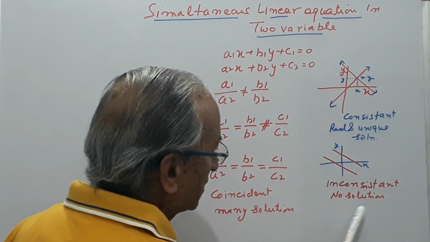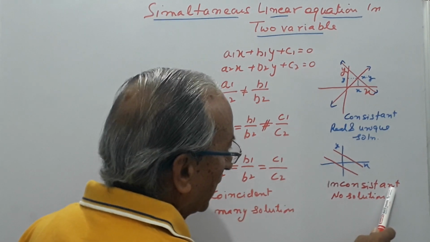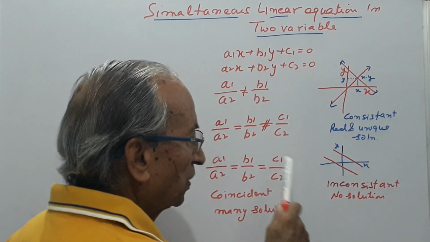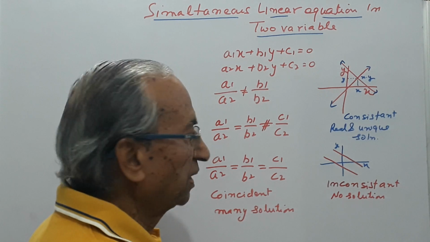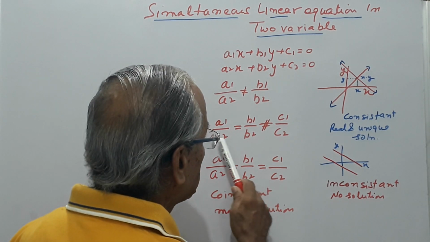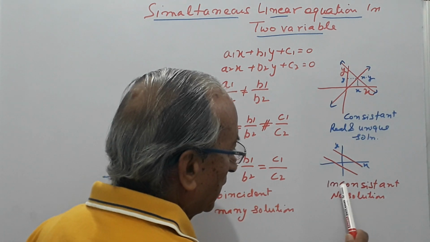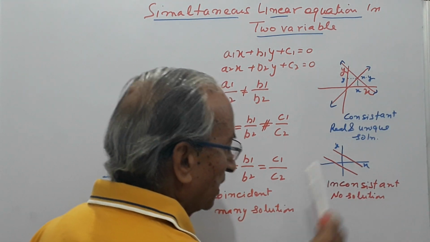This type of equation is known as inconsistent, and it will have no solution. When the two lines are parallel to each other, they will never intersect. Such equations have no solutions at all. It is known as inconsistent.